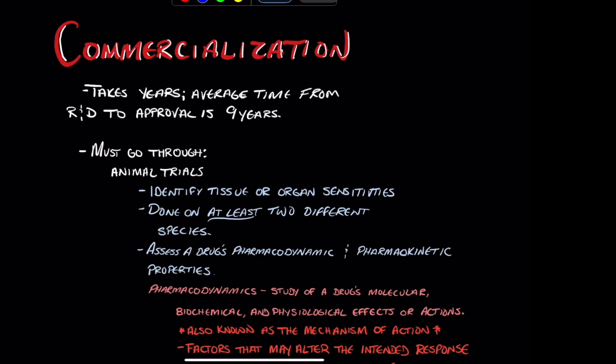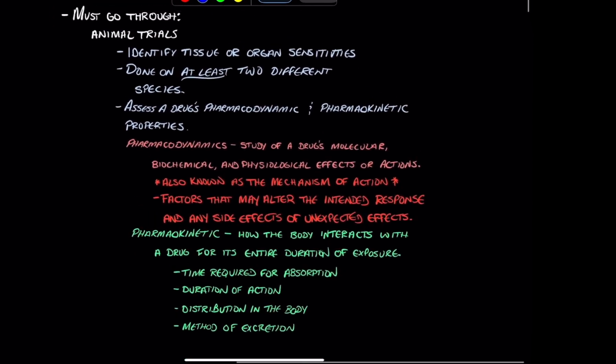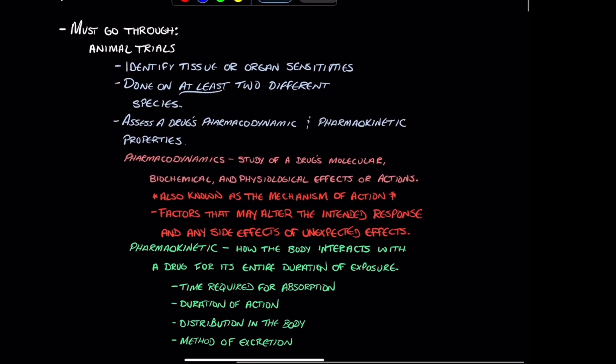So commercialization of a drug is basically taking it from, like I said, that concept R&D stage to being sold and available in the hands of consumers or patients who might need it. So it says average time for R&D to approval is about 9 years, depending on the medication. Can take longer, but it has to go through all these steps.